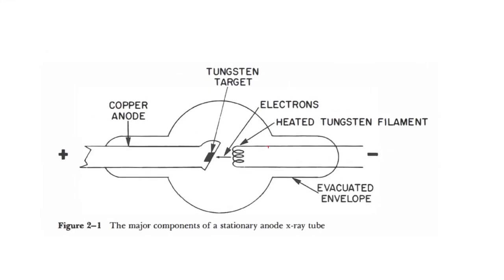So if you see, this is the target material, that is tungsten target material. The target material used will determine how much energy or how much radiation is produced at a given applied voltage.